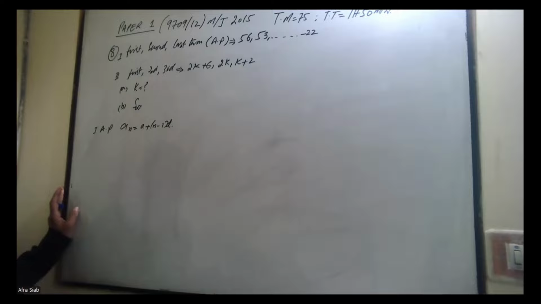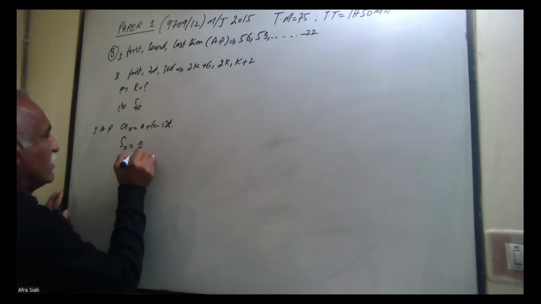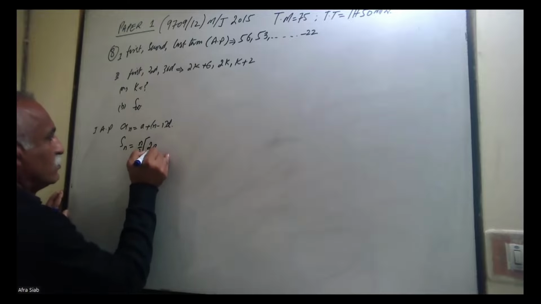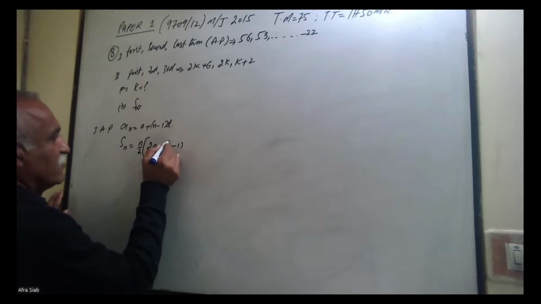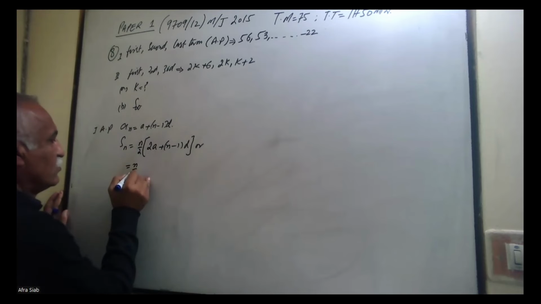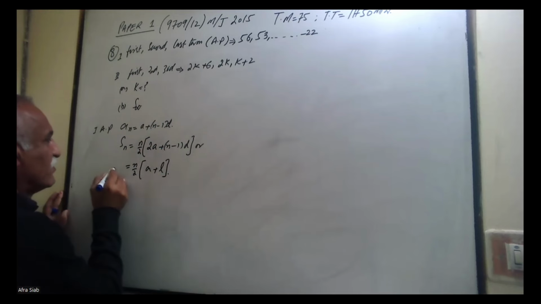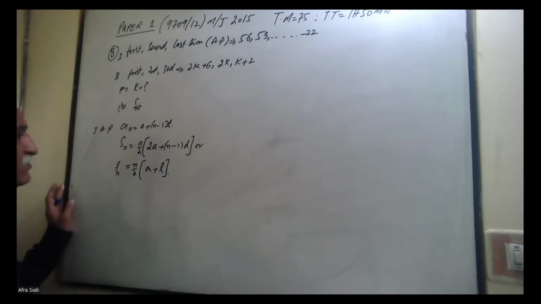The sum formula is Sn is equal to n over 2 into 2a plus n minus 1 into d, or n over 2 into a plus l, that is the sum when the last term is given to you.